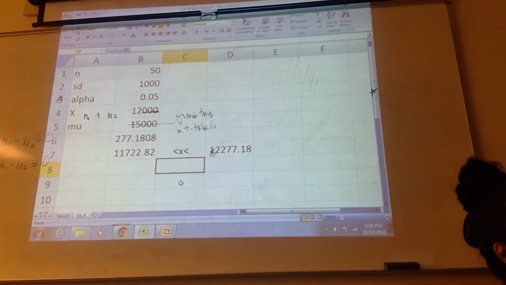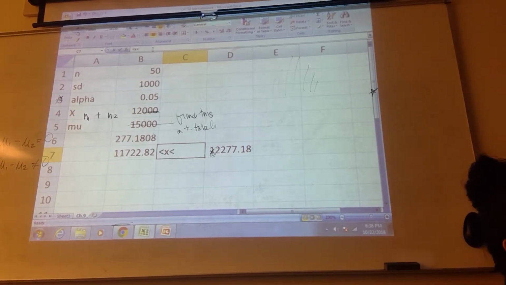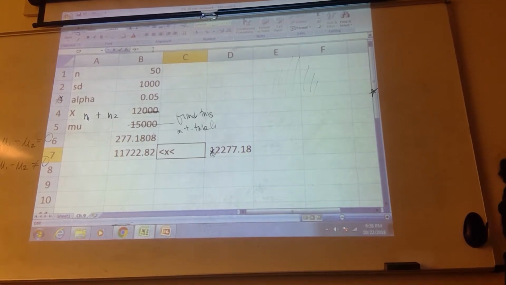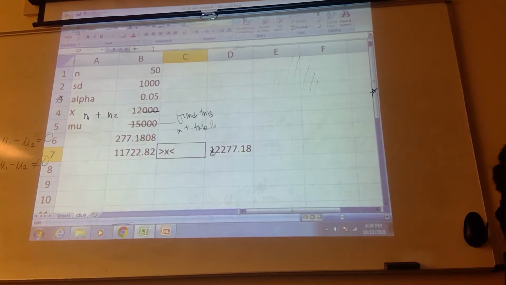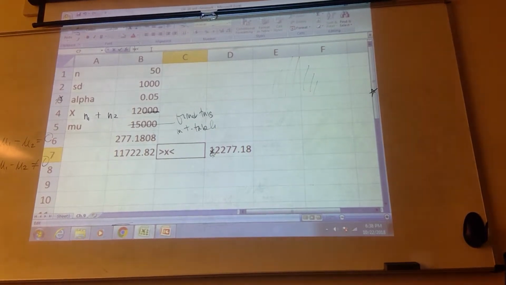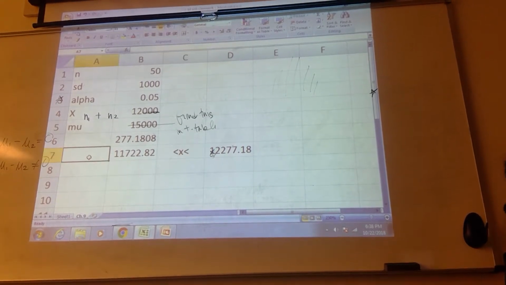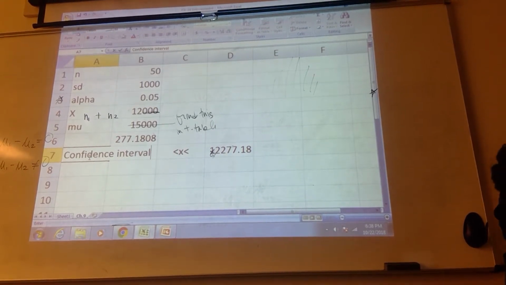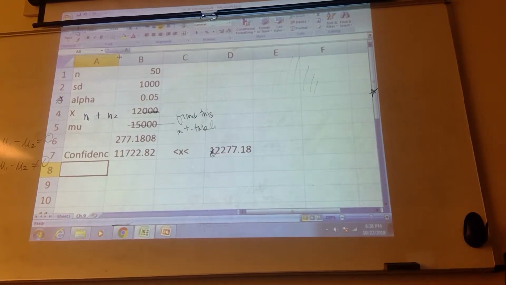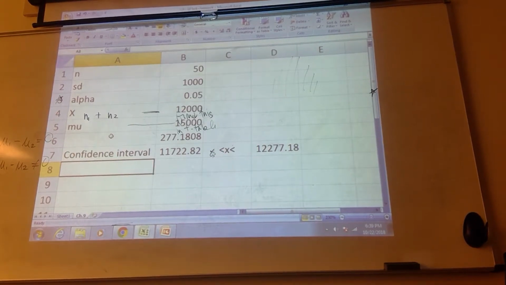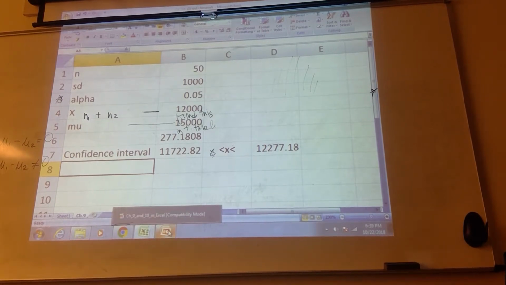Is that right? I don't think that's quite right. X is greater than, okay. I think that's right. So this is the confidence interval.